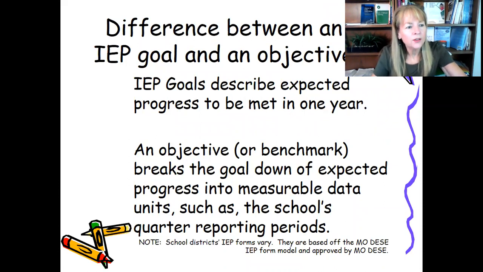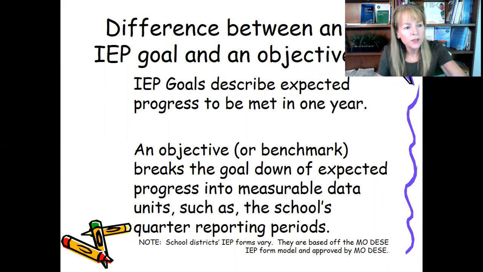First, I want to back up and explain the difference between an IEP goal and an objective. When we write an IEP goal, we use data based on the student's current rate of progress to predict where the child or student should be in a skill or mastery level in 1 year.